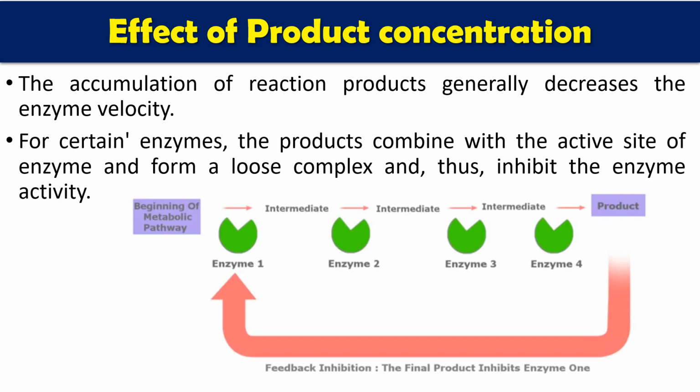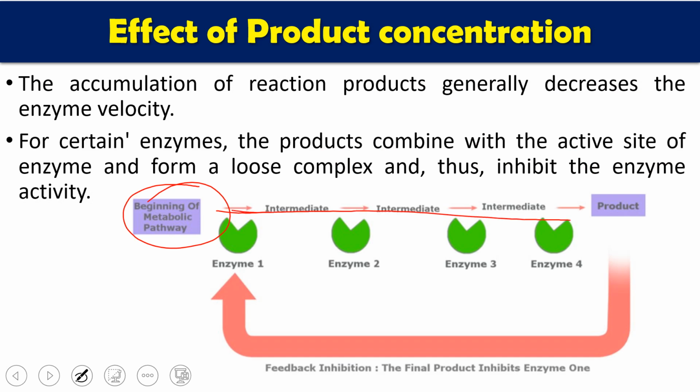feedback inhibition. As you can see in this graph, we have a substrate. Because of different enzymes, it is ultimately converted into product through a multi-step process where multiple enzymes are involved. If this product accumulates here and we do not remove it, the product will ultimately stop the synthesis.